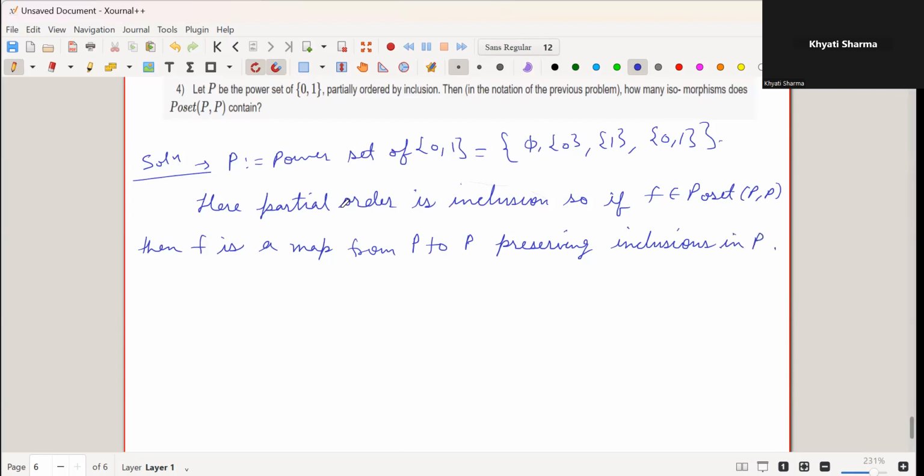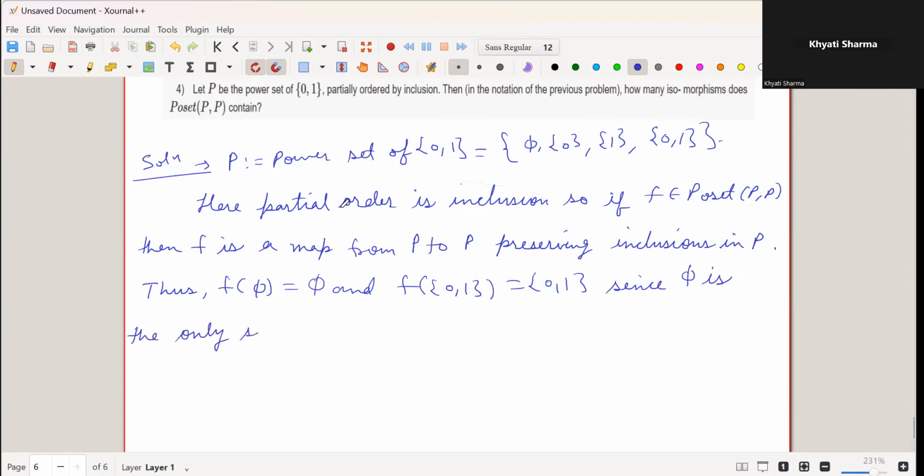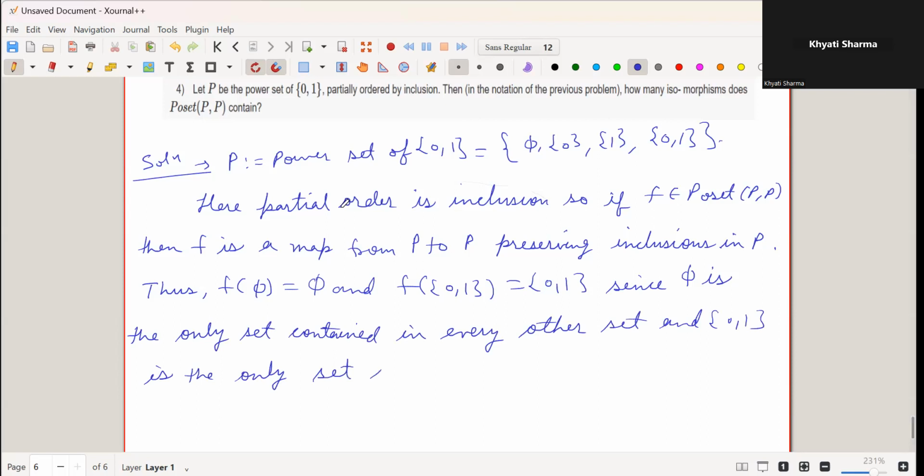Yeah. So f of phi is equal to phi, and f of {0, 1} is {0, 1}, since phi is the only set contained in every other set, and {0, 1} is the only set containing every other set.